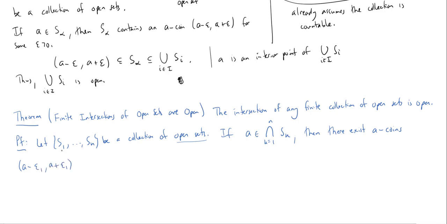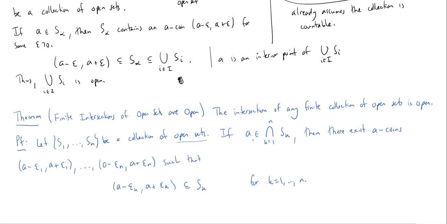So that'll be the coin that's in S1. All right, and there's going to be one for each of these open sets. So I'll have an A minus epsilon n, A plus epsilon n, such that we have that A minus epsilon k, A plus epsilon k, is contained in S sub k. And this is for k equals 1 to n.